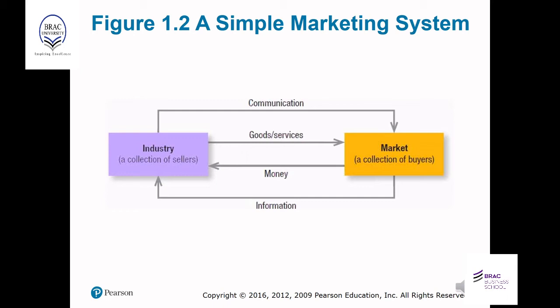But before that, markets have to collect information about the industry, that is about the sellers, and the industry or the sellers have to inform about their activities, whatever benefits they are going to provide, whatever products and services they are offering. All these things should be provided by the sellers to the buyers.